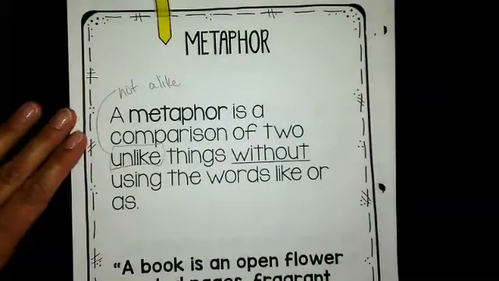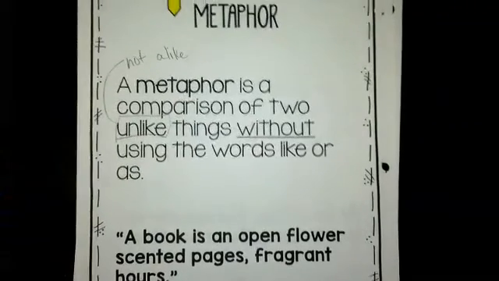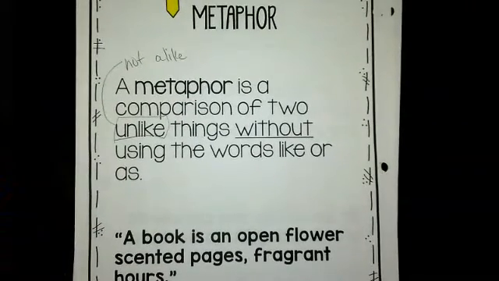Oh, and then metaphors. A metaphor is a comparison. It's comparing 2 things that are so not alike, like comparing a person to a building. Or let's say we're comparing a person to an animal.